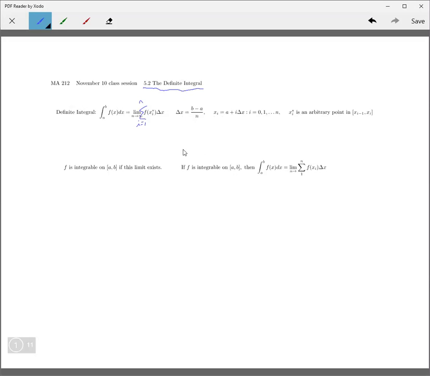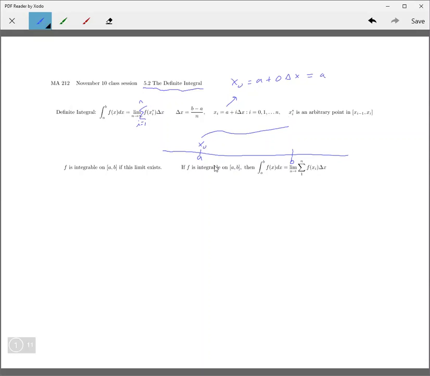So just to give you an idea of what's going on here, let me draw a little picture. You have a function right here, and let's say it goes from A to B. If you look at this formula, x sub 0 is going to be a plus 0 times delta x, so that's just a.